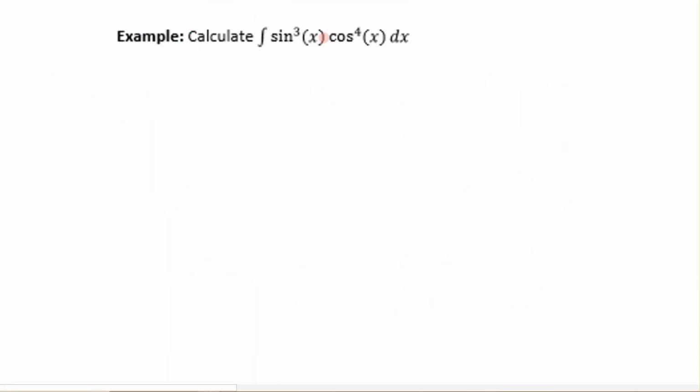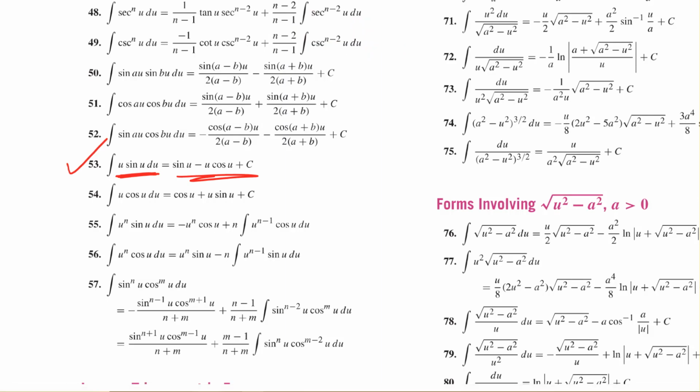Let's try this problem. We have done this earlier using one of the trigonometric forms, but now we're just going to use the formula from the table and see how we can do this using the formula. So we have the integral of sine raised to some power times cosine raised to some power dx. So if we look in the formula sheet, we see that we have something of the same form here.